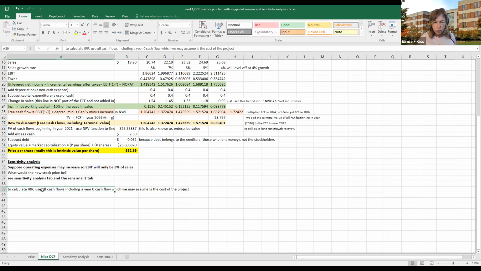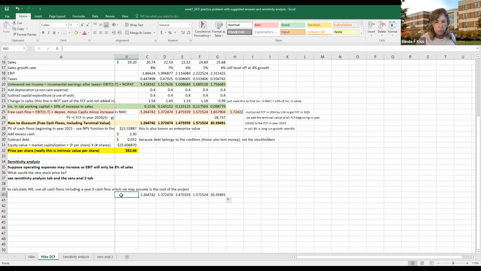Sometimes in some of the projects, there may be cash outflows in more than year zero, but let's just take the numbers that I have here in row 27, all in billions, and add a year zero number to it.